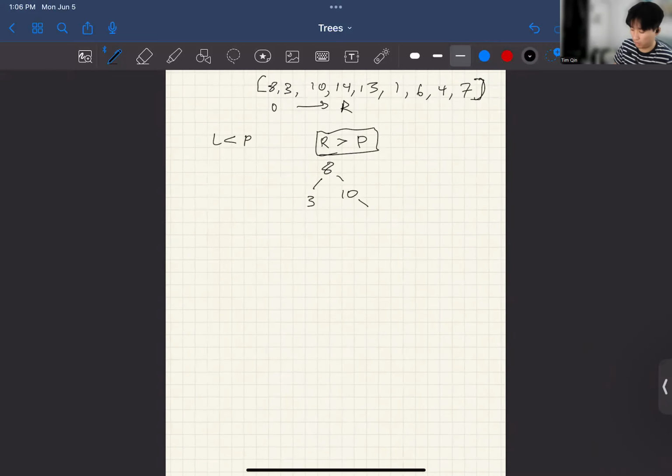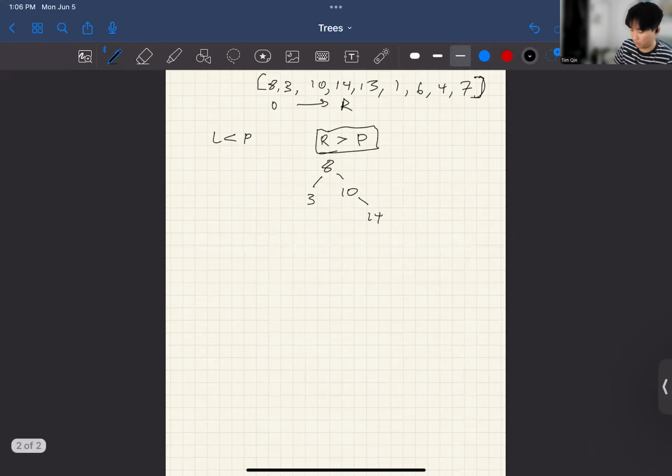Then 14 would be to the right of 10, and 13 goes to the left of 14 because it's greater than 10, but less than 14. And 1 would be to the left of 3 because it's less than 8 and also less than 3. And 6 is to the left of 8, but it's greater than 3, so it would be the right child of 3.